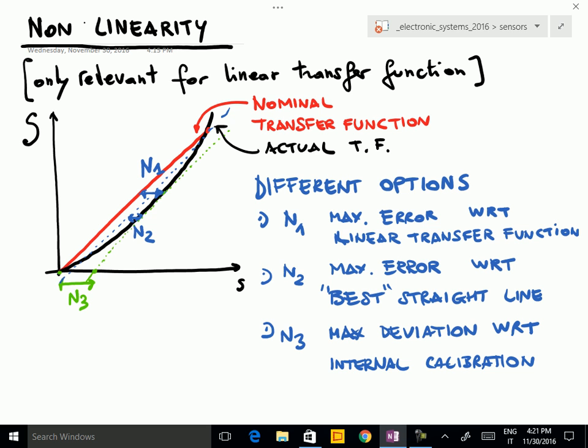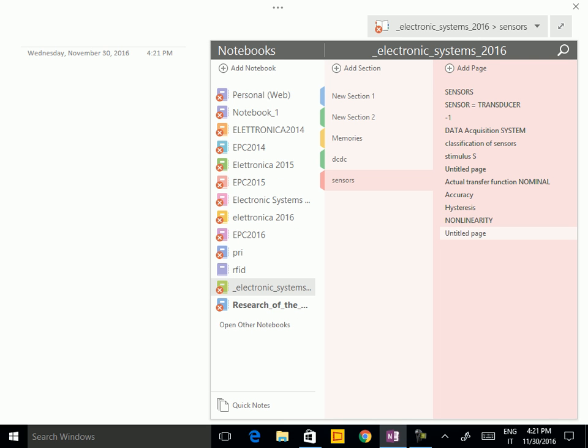Okay. A few additional quantities. The precision of a sensor is different from the accuracy of a sensor. I'm really stressing these definitions because in normal language, accuracy and precision can be synonyms, okay?